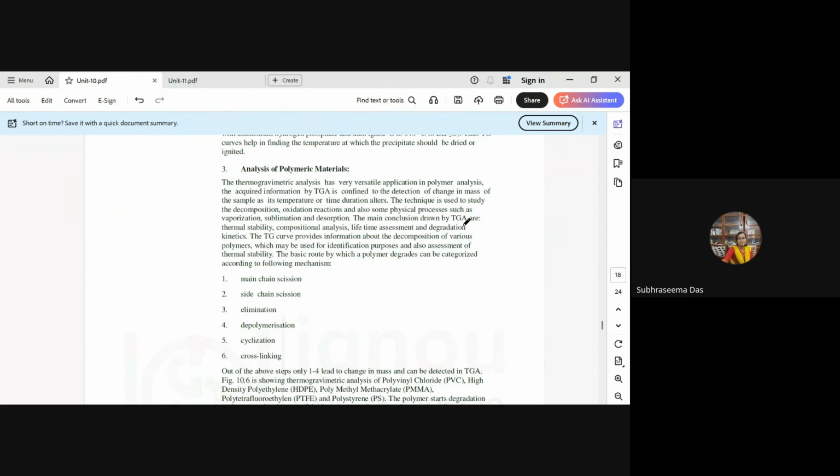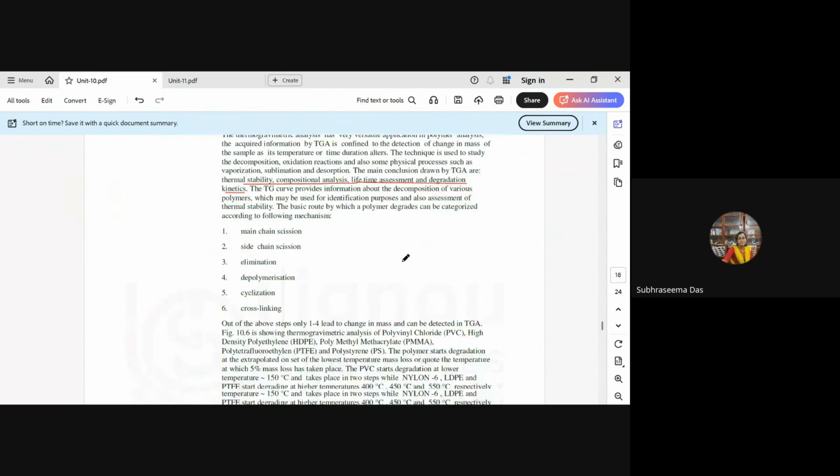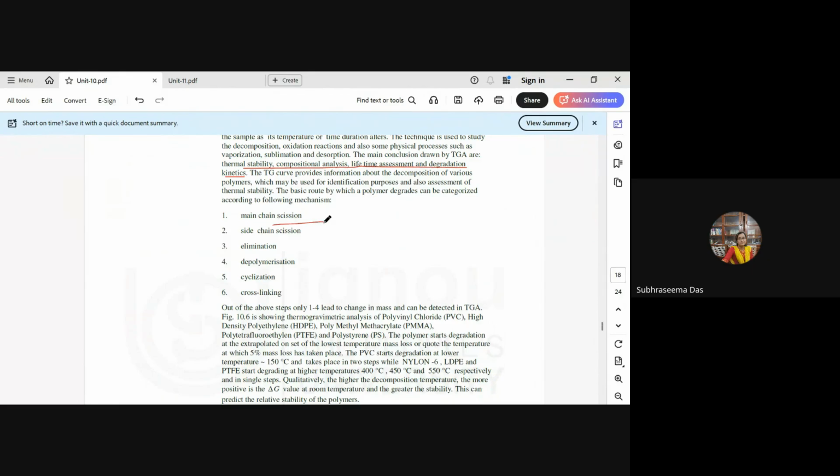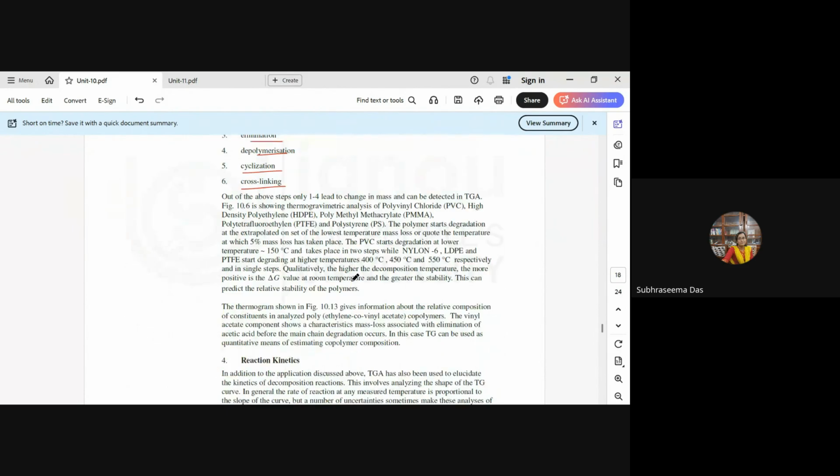The main conclusions drawn by TG are thermal stability, compositional analysis, lifetime assessment, and degradation kinetics. From TGA curves, the route by which a polymer degrades can be categorized: main chain scission, side chain scission, elimination, depolymerization, cyclization, and cross-linking.